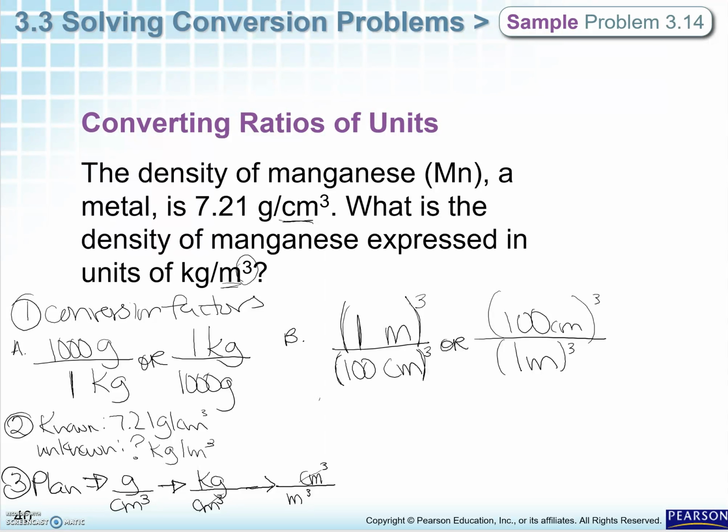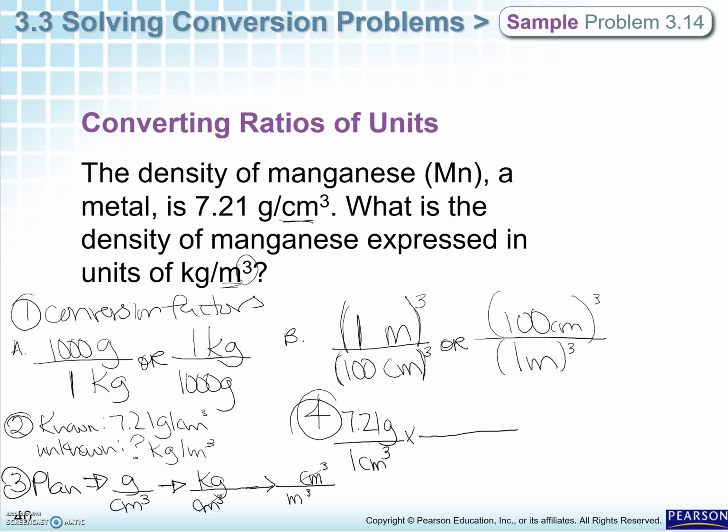So let's see how this plays out. You have 7.21 grams over 1 centimeter cubed. Remember, this can be used as a ratio whenever we're working with density, and it can be used as a conversion factor.